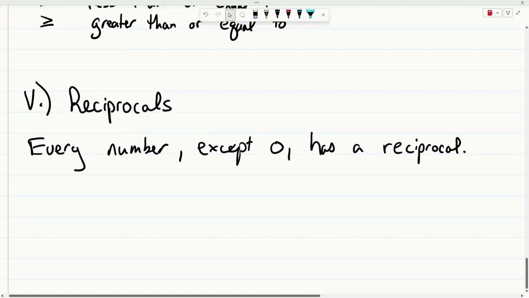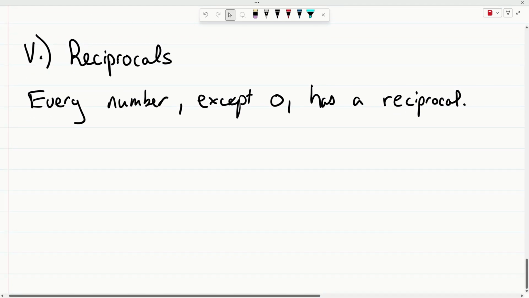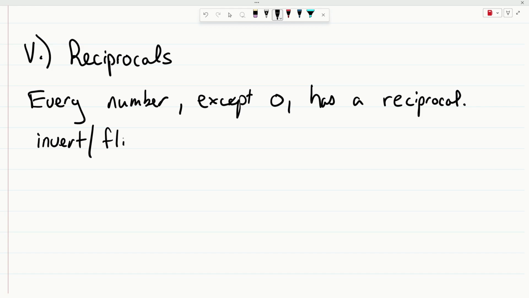And all it means is to invert or flip the number.